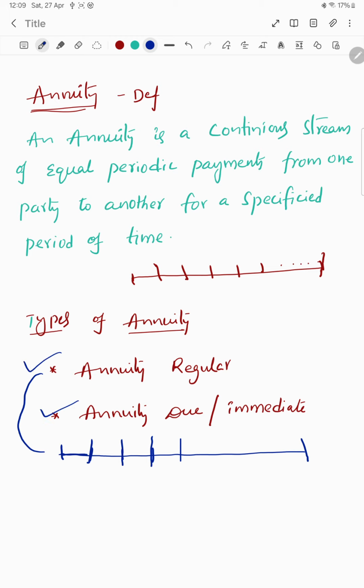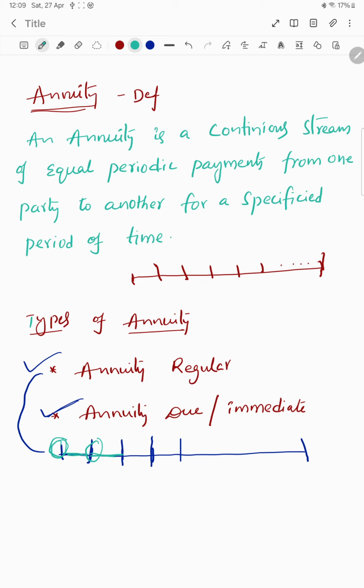Whereas annuity due or immediate means the customer will pay the money on the first day of every month. Let's say on the first day of the first month he will pay, and on the first day of the second month the money will be paid, and so on. It's very simple.